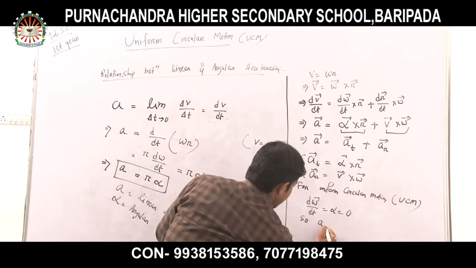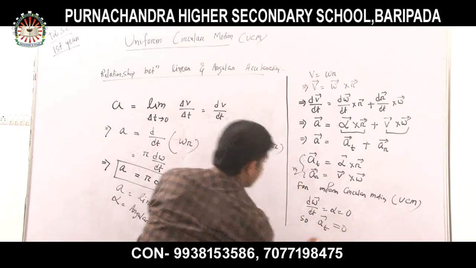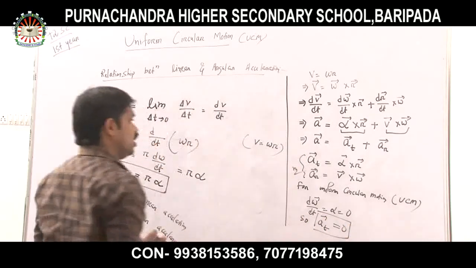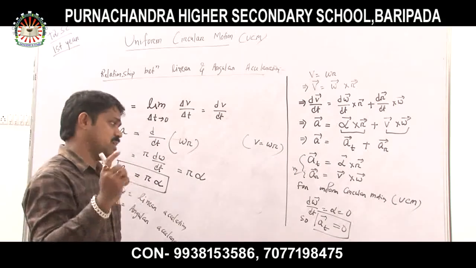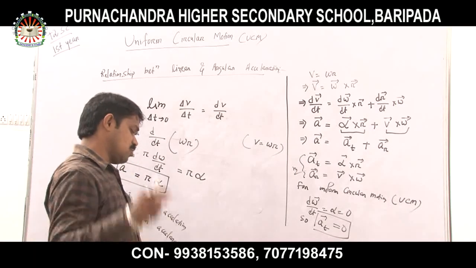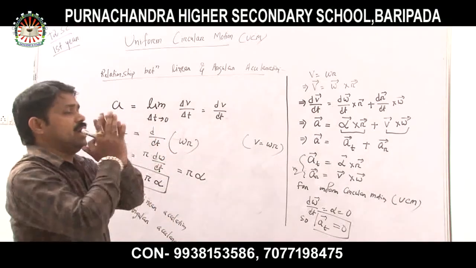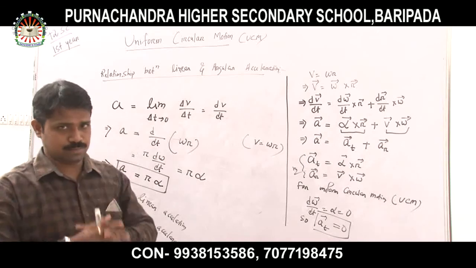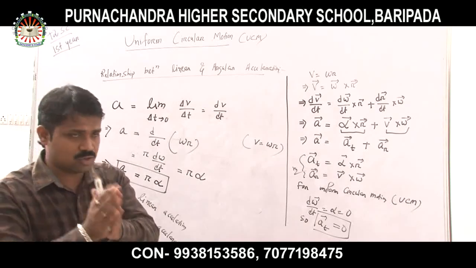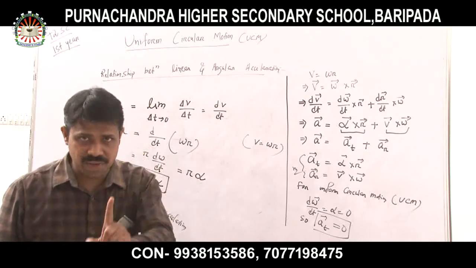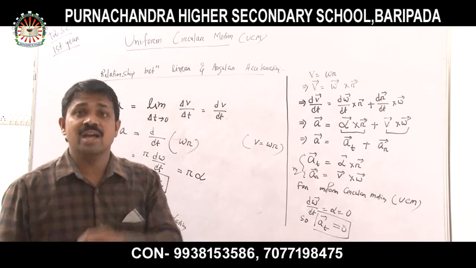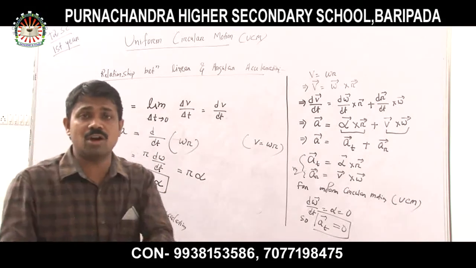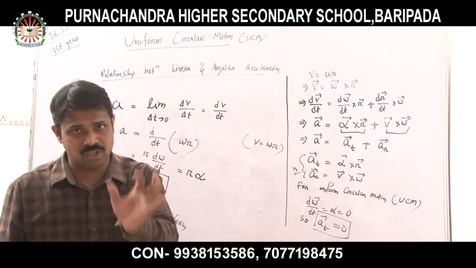So for a uniform circular motion, the acceleration must be radial in nature, and that type of acceleration is called centripetal acceleration.